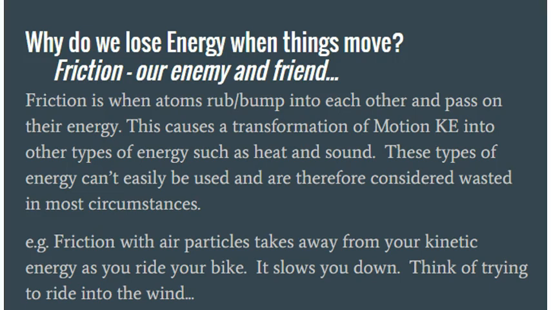It's essential for us to be able to move and manipulate objects on this earth, but every time one atom rubs against another or bumps into another, they actually transfer a little bit of their energy to each other, and that means that we lose a little bit every time they touch. This causes transformations or transferals of energy, and it's usually into heat and sound. Now, unless you can then use that heat and sound for the job you're doing, it's essentially lost.